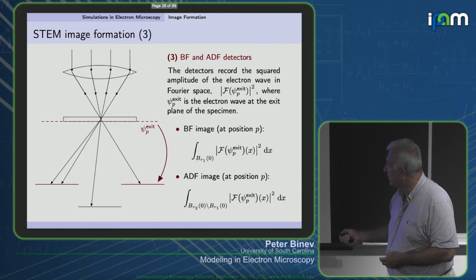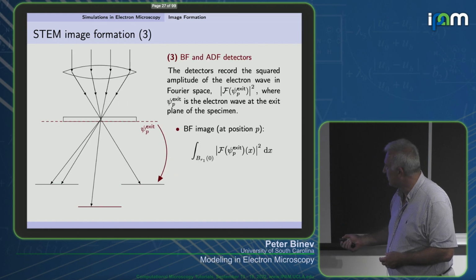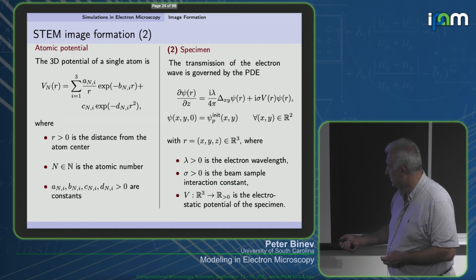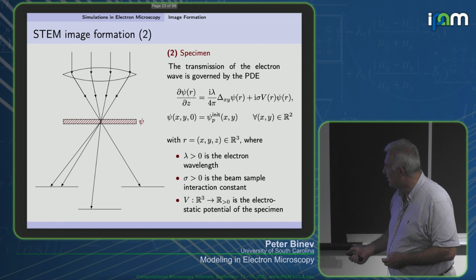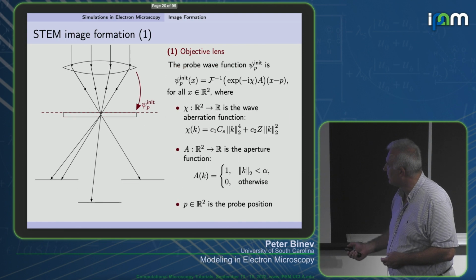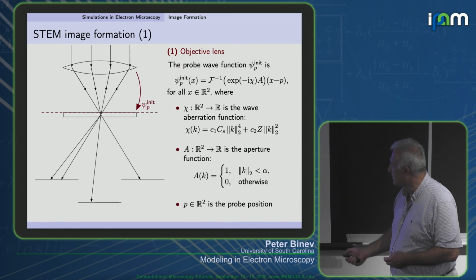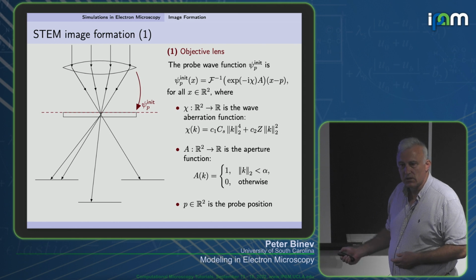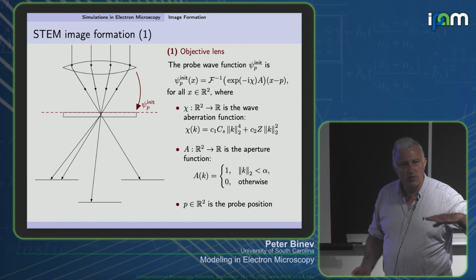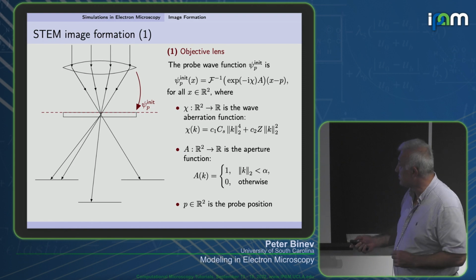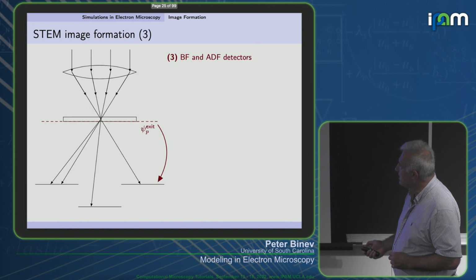Eventually, what I was talking about here, this is the very important thing, that this aperture function is very important because limiting the wave number actually stabilizes the solution of the equation.